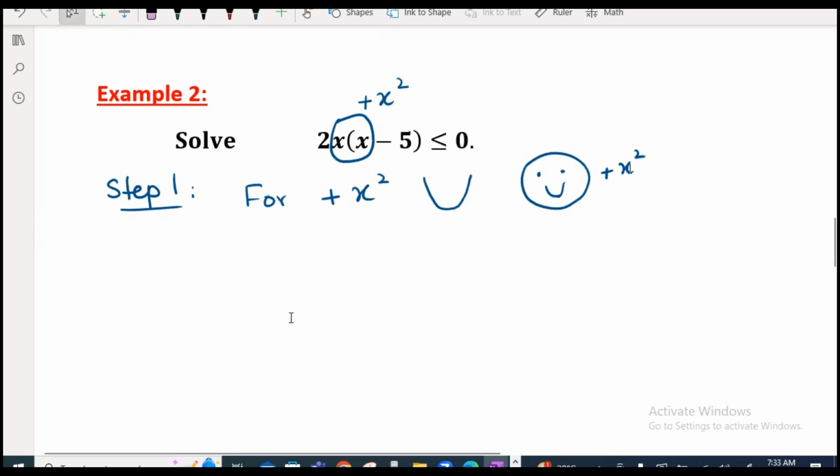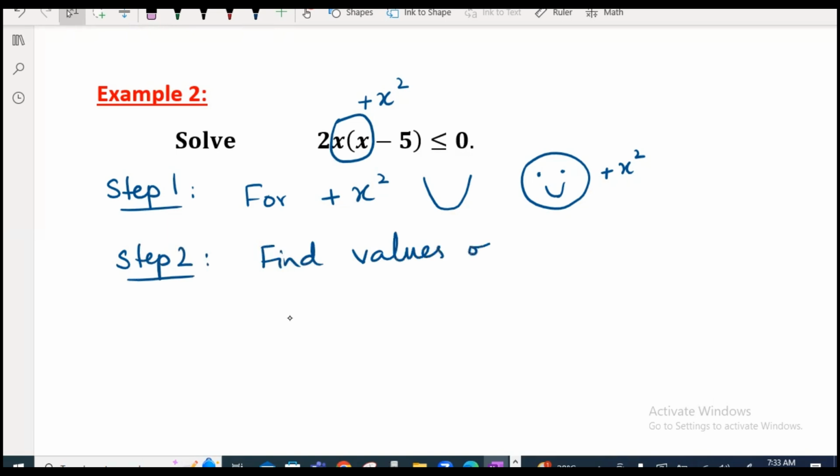Now, step number 2. Step number 2 is find values of x by equating left hand side with 0.